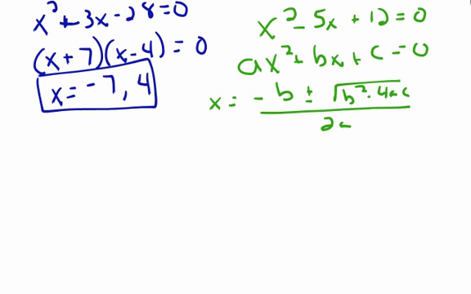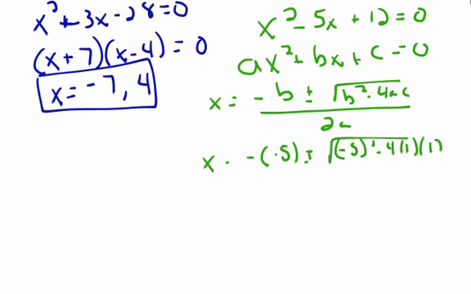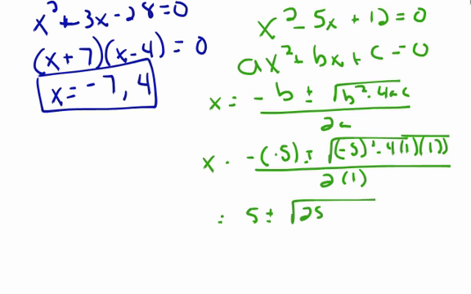Plugging the actual numbers from the problem in, we see that x equals negative 5 plus or minus the square root of negative 5 squared minus 4 times a times c, all over 2 times a, which equals 5 plus or minus the square root of 25 minus 48, all over 2.